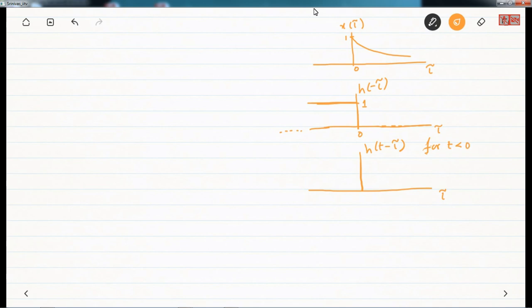For t less than 0, we have to move this signal to the left, right? So this is t. So h of t minus tau, for t less than 0, moves to the left.